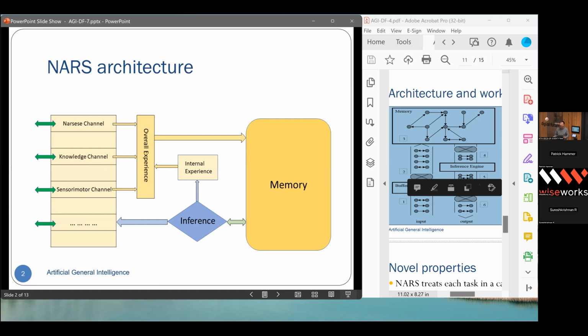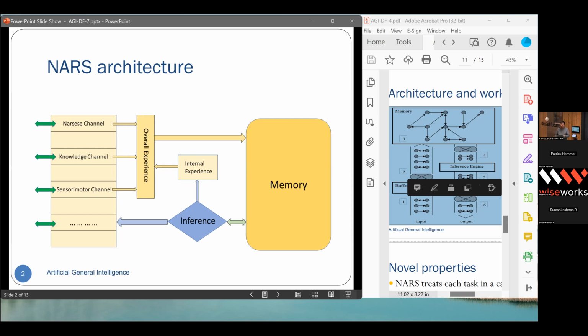For example, we have tried ConceptNet, if you've heard about that, and WordNet, all this kind of thing. It's similar to how a human uses a reference book. If you need some knowledge, you don't have to remember all those things in your own mind. You can just check your reference book. In this case, NARS can send a query to a database or knowledge base and get the answer back.